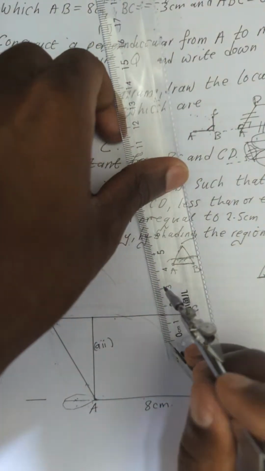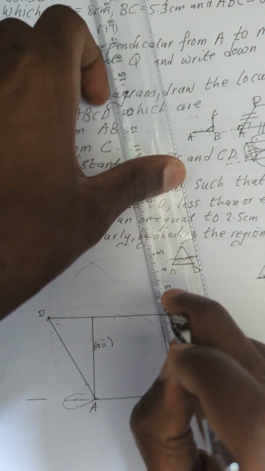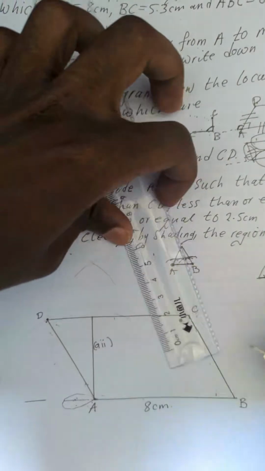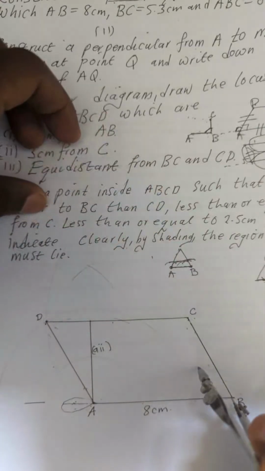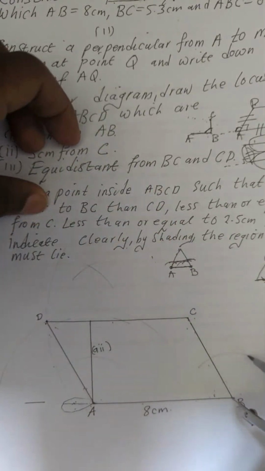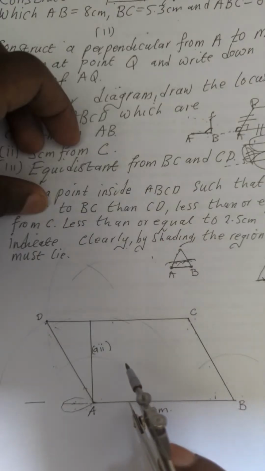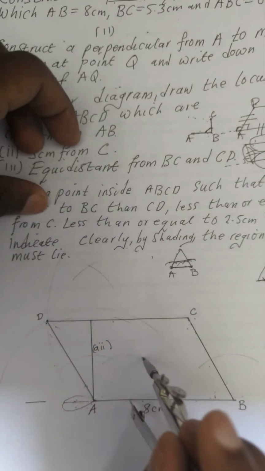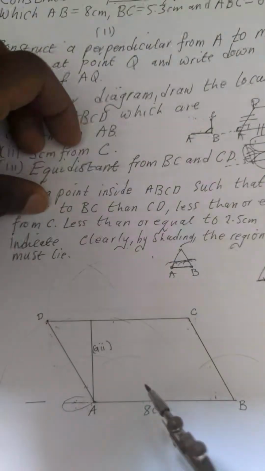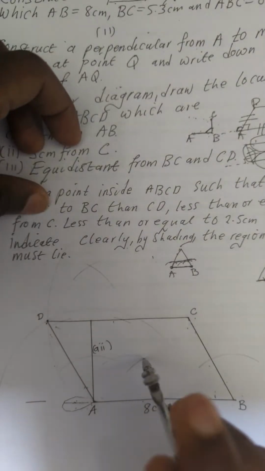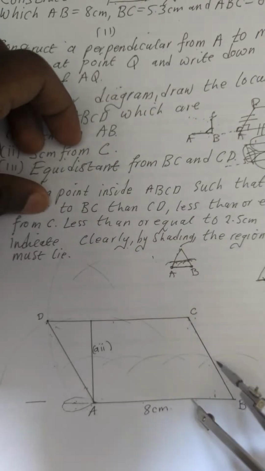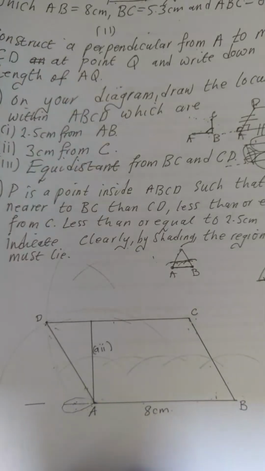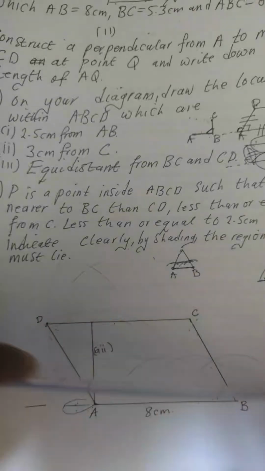So we get our 2.5. We stand on A, stand on B, do an arc. We stand anywhere in between, do more arcs. Now we connect the tops of the arcs.